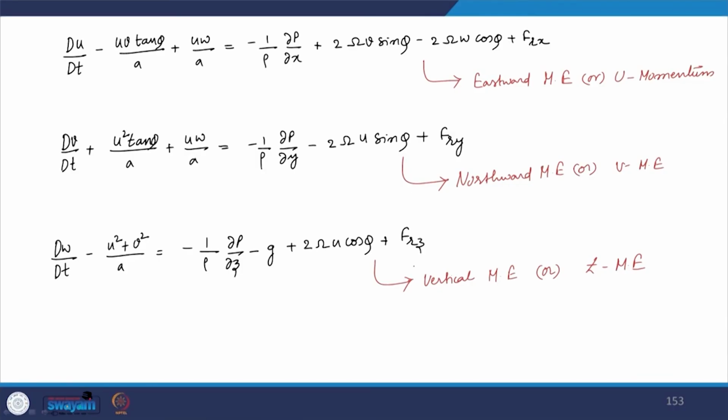Now, then comes how do we put these equations to use. In the next class, I am going to tell you that these equations by now are complicated, and when we introduce the full terms of f rx, f ry and f rz, they look even more complicated, right.